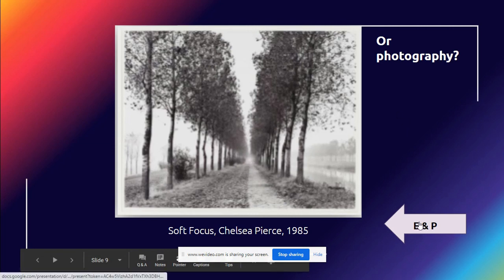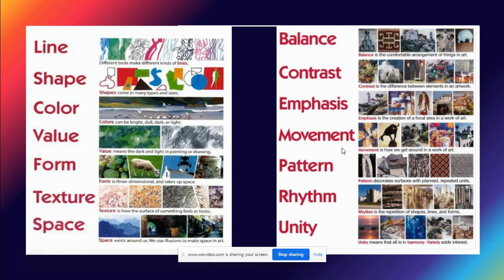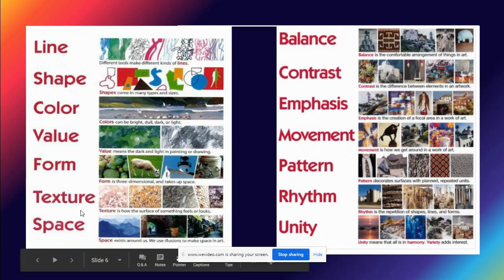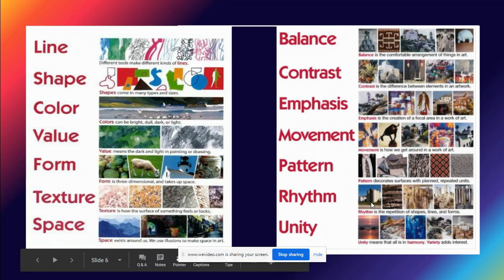Let's review elements and principles. What else do you see? Movement. Was your eye drawn to the center by going down the road? Maybe texture with all the trees and their bark and their leaves. Not a whole lot of color in that one, but we did see some rhythm with those repeating shapes.